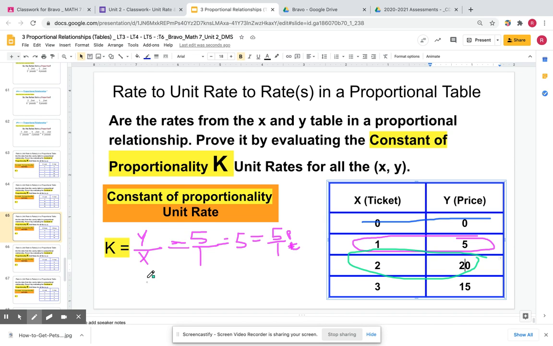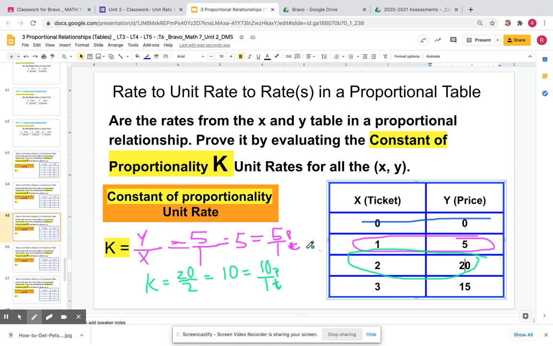So k is equal to y over x. So y is 20 and x is 2. When we divide that out, we actually get 10. When we change that to a fraction, it's 10 over 1. That's the price for one ticket, so you're paying $10 for that one ticket.